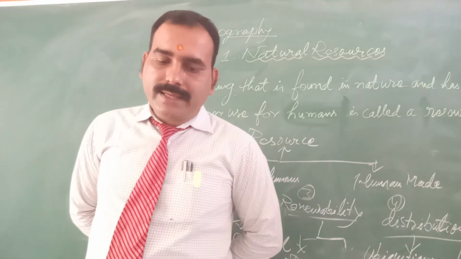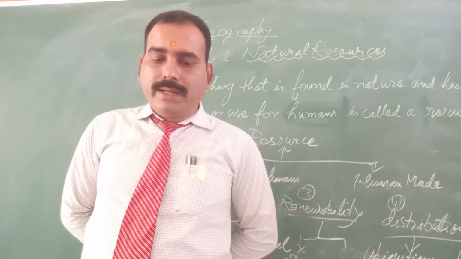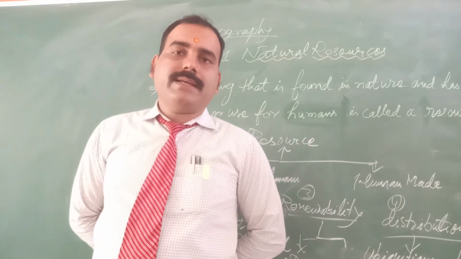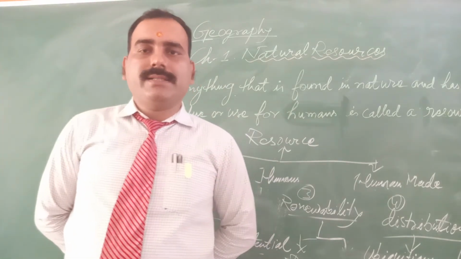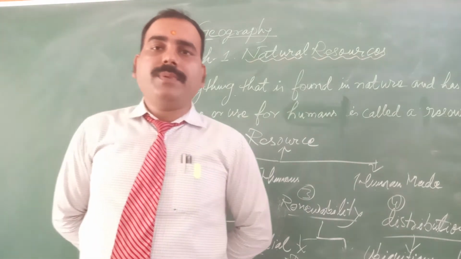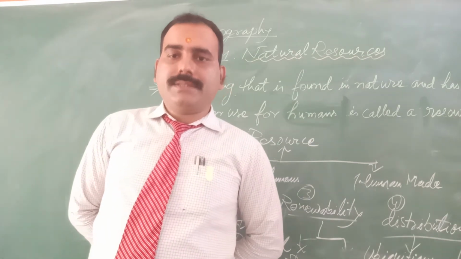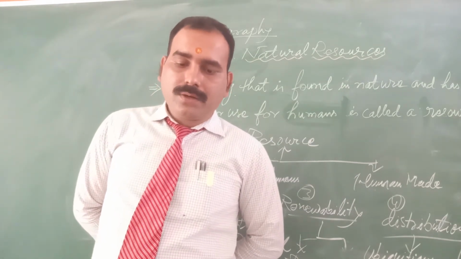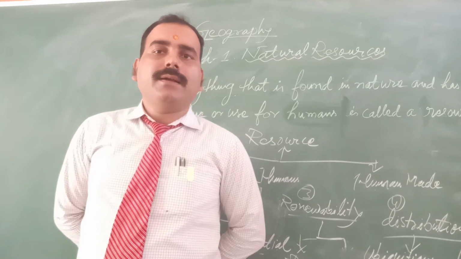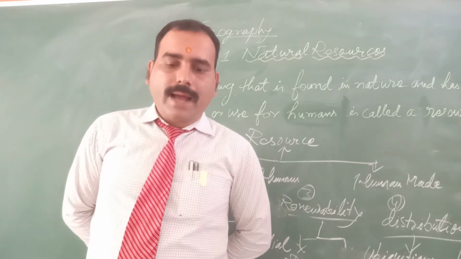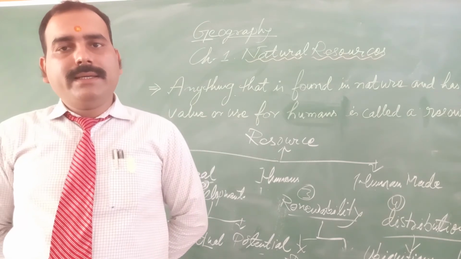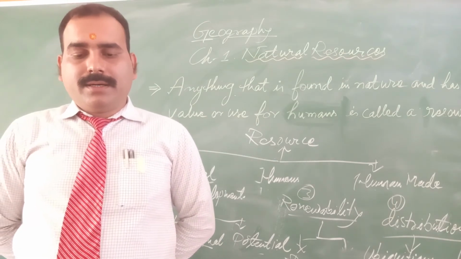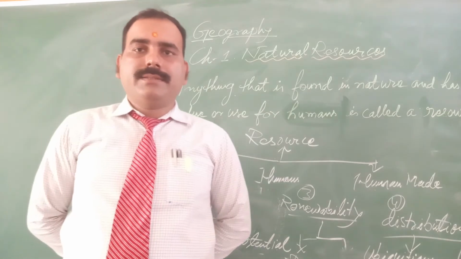But the resources that are found only in certain places are localized. Example, copper and iron ore. Copper and iron ore are found in certain places. That's why these resources are called localized resources.